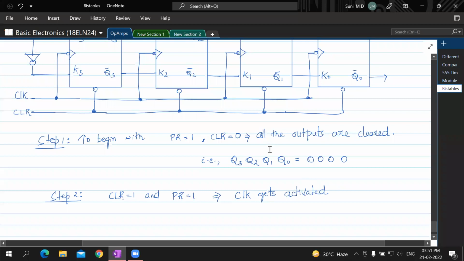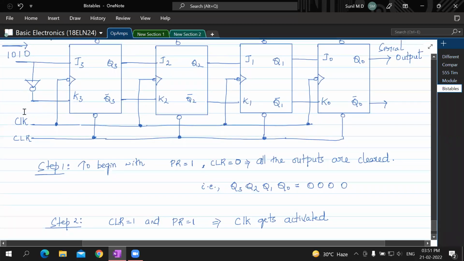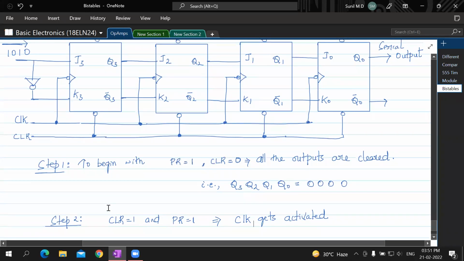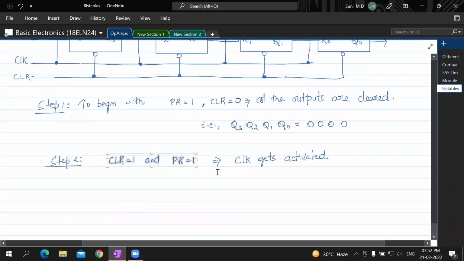Till now, till this is not 1, 1, the clock has no importance, because all the importance is with PR and CLR as long as the clock is not activated. When would the clock get activated? When CLR and PR are 1, 1, the clock gets activated.